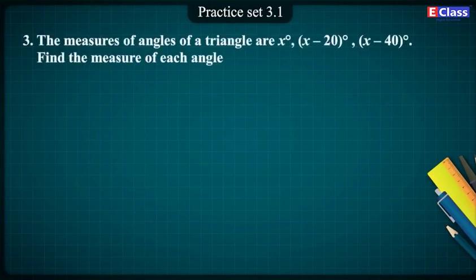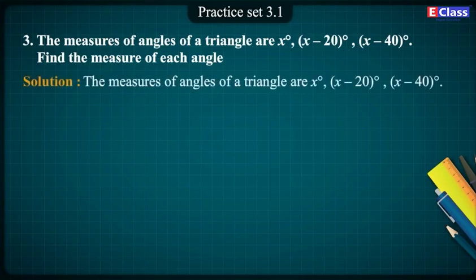Question number 3. The measures of angles of a triangle are x degrees, x minus 20 degrees, x minus 40 degrees. Find the measure of each angle. Solution: the measures of angles of a triangle are x degrees, x minus 20 degrees, x minus 40 degrees.